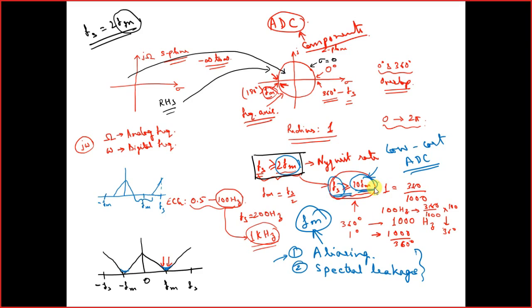Now this is quite interesting. Say for example, in our ECG signal, we have frequency components which vary from 0.5 to 100 hertz. In many of the books you may find they are writing 120 hertz. In some of the books they are writing 150 hertz.